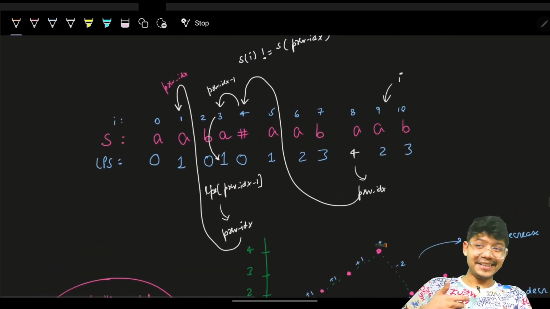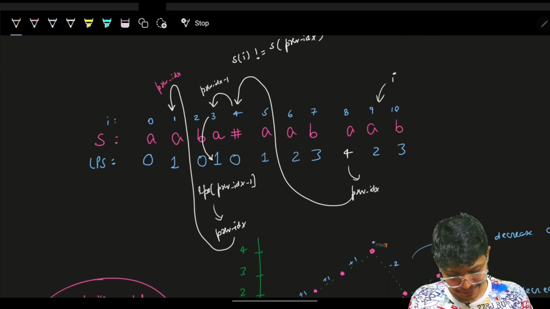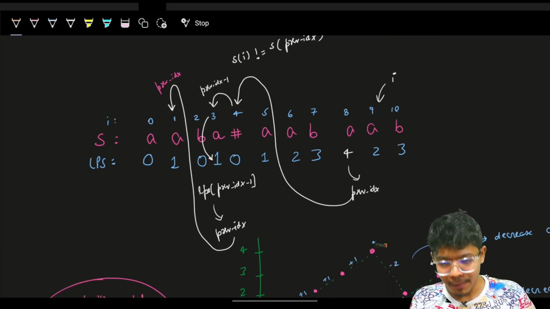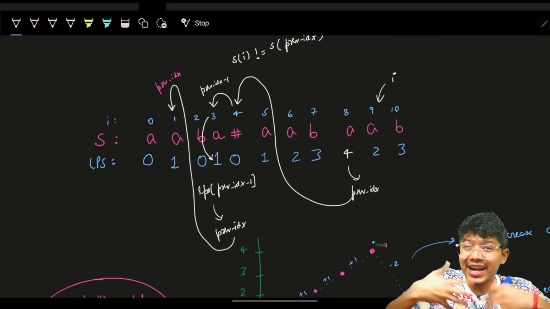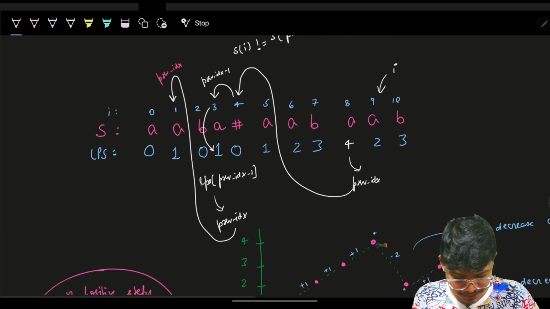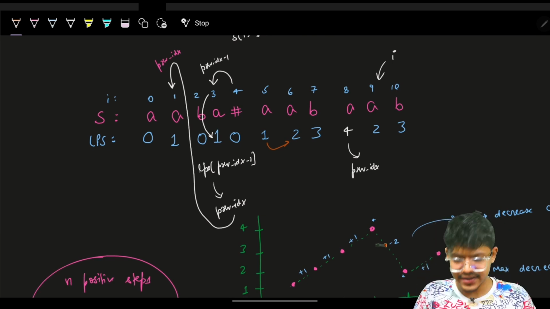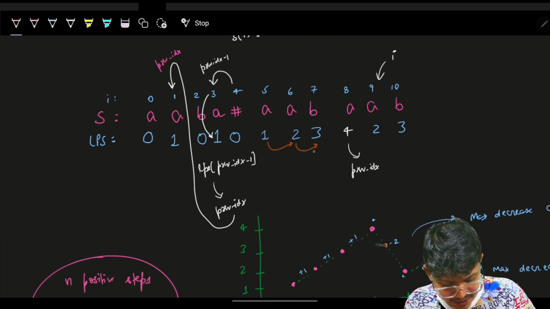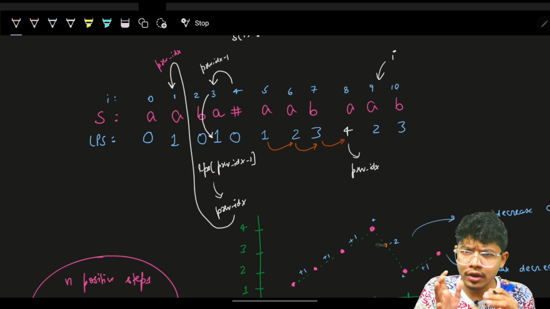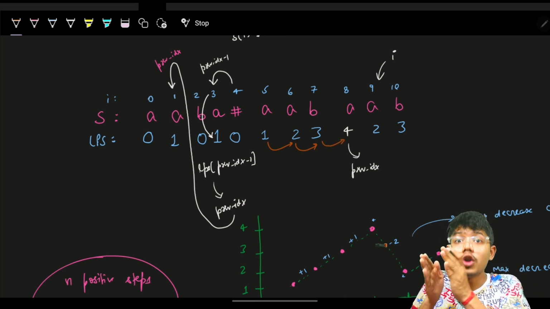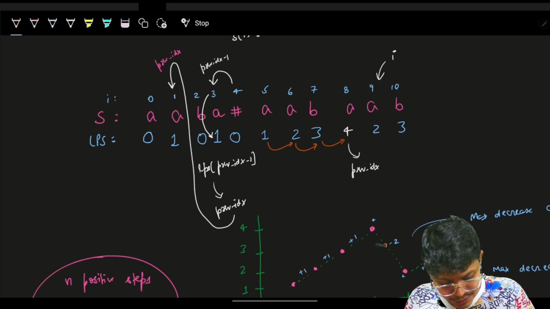That is the entire special part about KMP. This is not O of n square. If you go back and look at how your actual LPS array is built, you are increasing your LPS array by 1, by 1, by 1. For sure, it is a length, the longest prefix which matches the suffix.